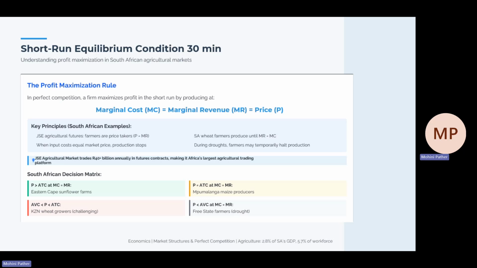And in KZN, where wheat growing is quite challenging, your average variable cost may be lower than your price, but the price is also lower than your average total cost. If they struggle, they are put in a situation where they could be making losses and eventually they just stop production.